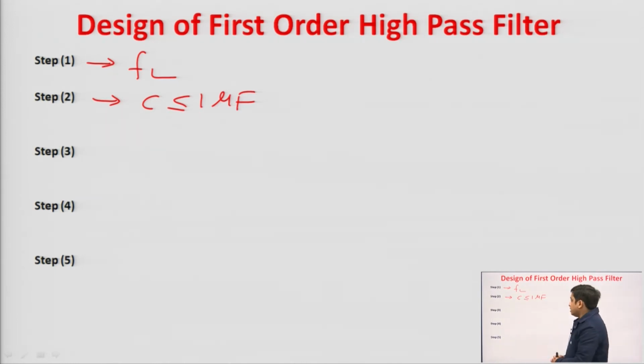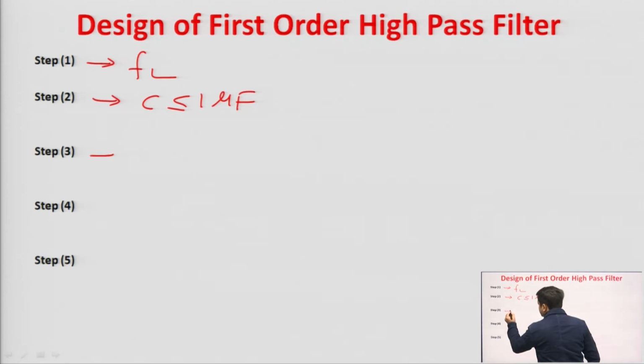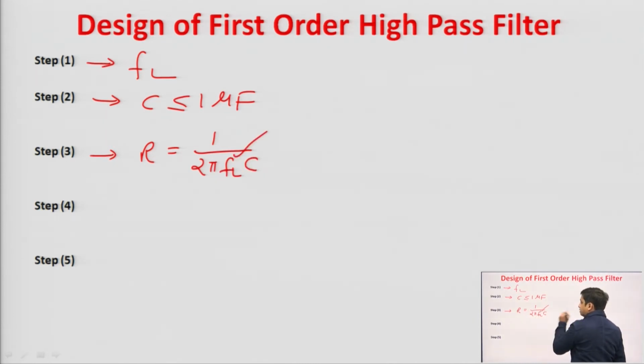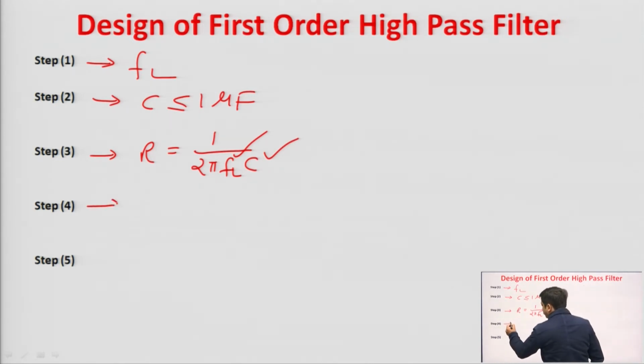And with the help of this capacitor C, we can calculate the value of R. R is equal to 1 upon 2 pi FL into C. FL we know from step 1, C we know from step 2.